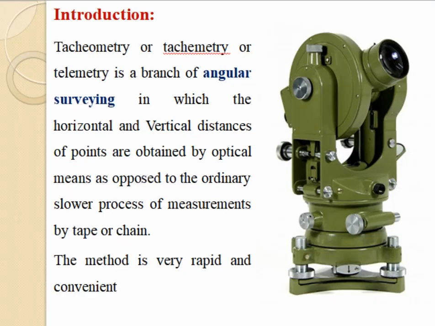You can see here this is the tachyometer, or 20-second theodolite, where the analytic lens and stadia diaphragm are fitted. When observing, this is your optical glass, and exactly opposite is the telescope. Here is the vertical circle, and here is the horizontal circle.